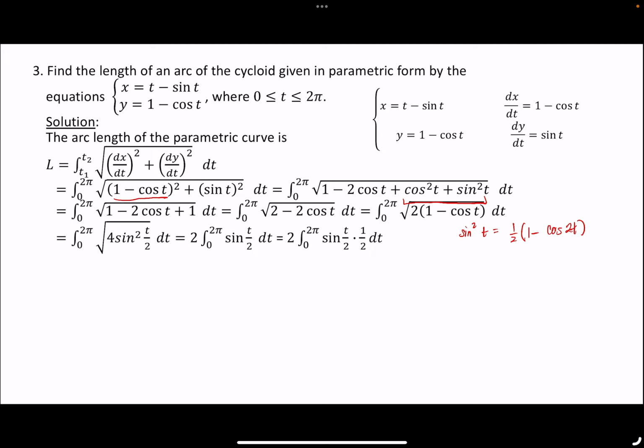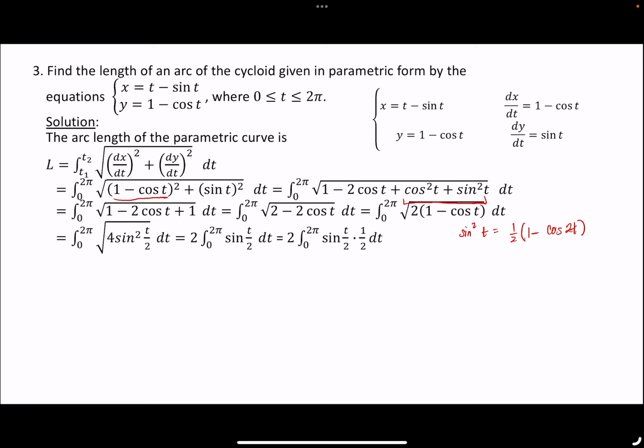But since the angle is just t, so we take the half of that. So 2 times 2 would be 4. 4 sine squared t over 2. And taking the square root of that, it would be 2 sine t over 2. So 2 times sine t over 2 dt from 0 to 2 pi.